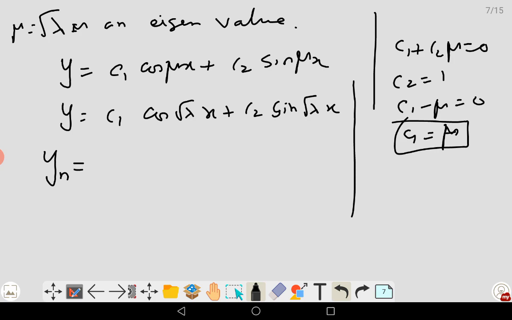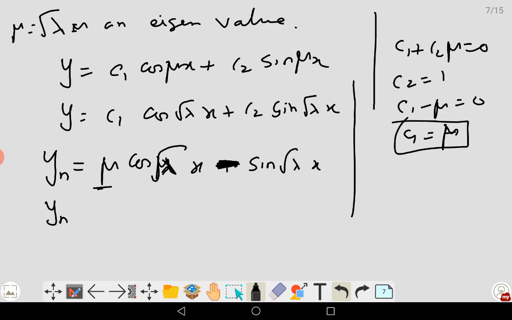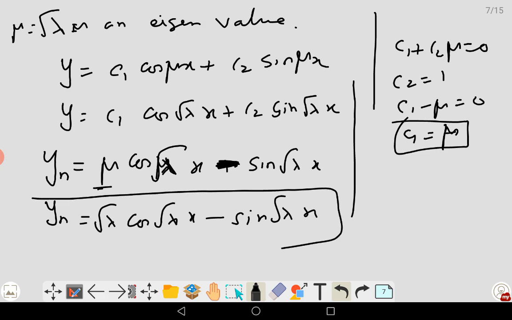We will generalize it as yn. C1 is mu, so mu cosine root lambda x. Further, you can replace mu with root lambda. C2 is negative 1, as we assumed, times sin root lambda x. So everything in lambda: yn is equal to root lambda cosine root lambda x minus sin root lambda x.